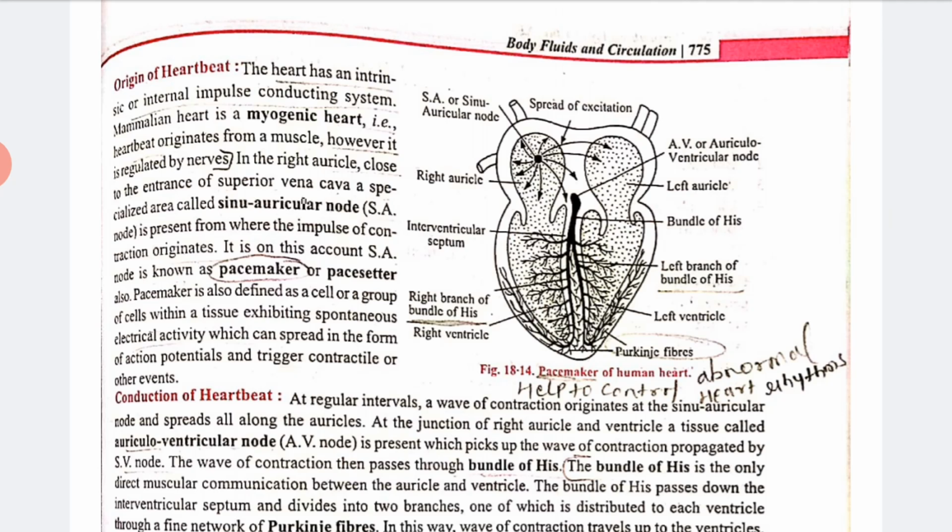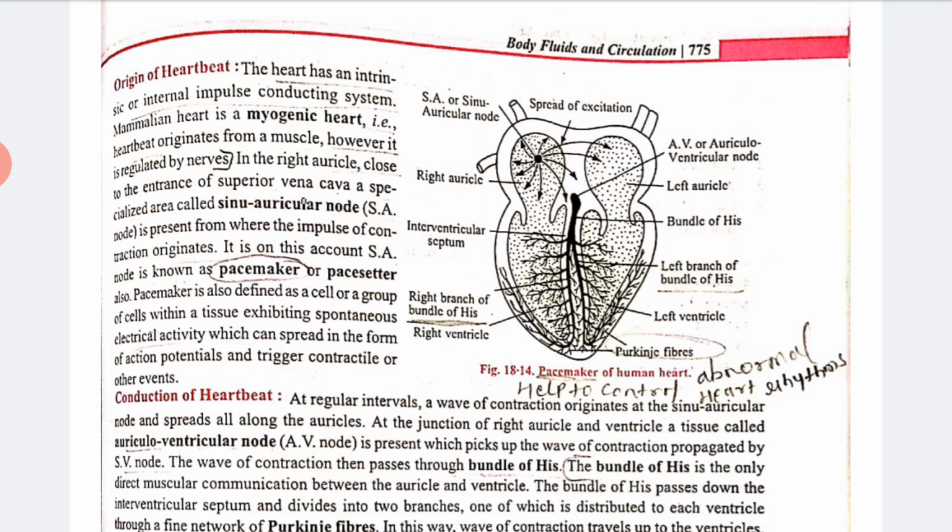Clear? Next we have the origin of the heartbeat, means from where this heartbeat originates. As you all know, the heart has an internal impulse conducting system, right? The mammalian heart is a myogenic heart, that is, the heartbeat originates from the muscles. However, it is regulated by the nerves.